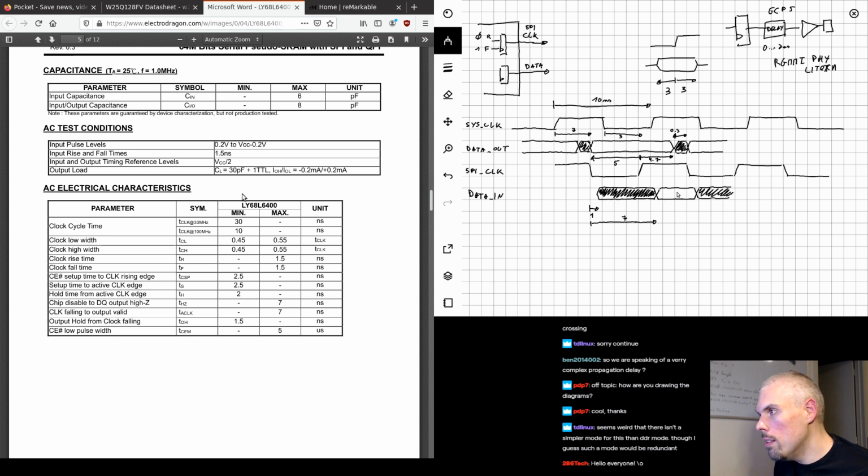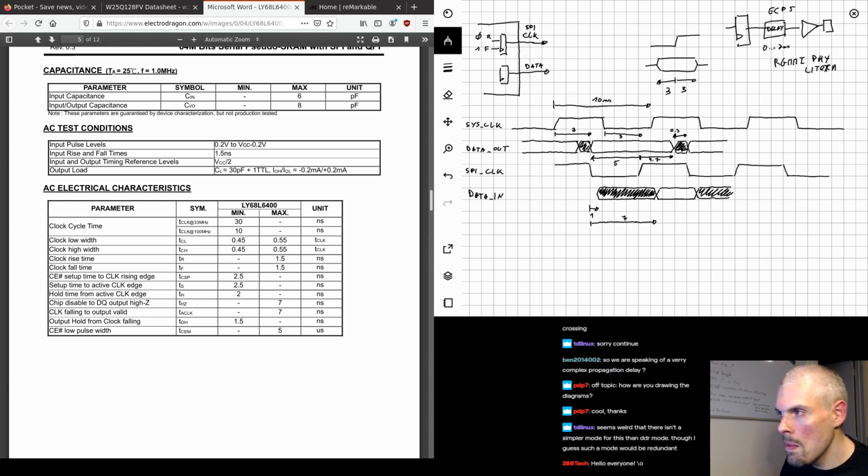So that little chunk is the only place where the data from the flash is guaranteed to be valid, and that's the only place we can rely on it being there, and that's where we need to capture it if we want our design to actually work 100% of the time, no matter what batch of flash chip we got.